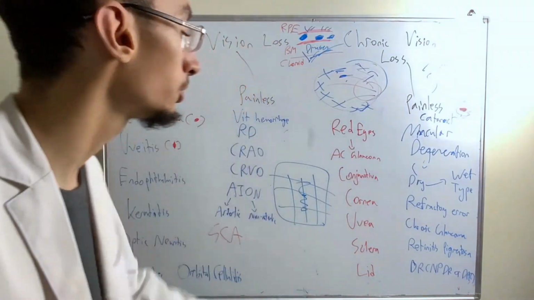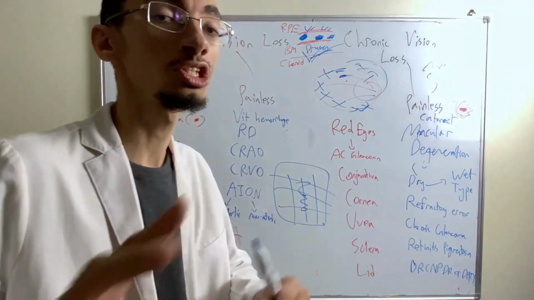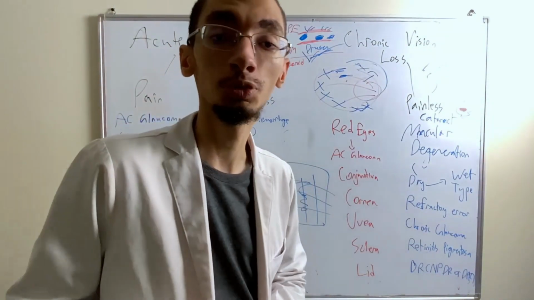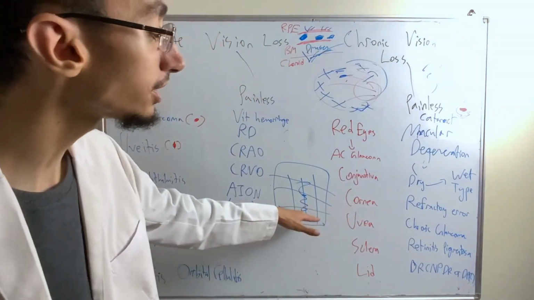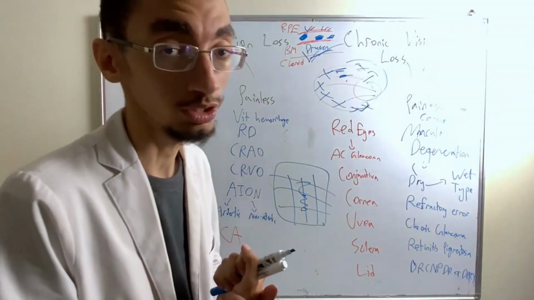That's going to be important when you differentiate uveitis from glaucoma. Glaucoma will have a mid-dilated fixed pupil, as we'll see later on, but in uveitis it's a narrow pupil. So that's obviously an ocular emergency.